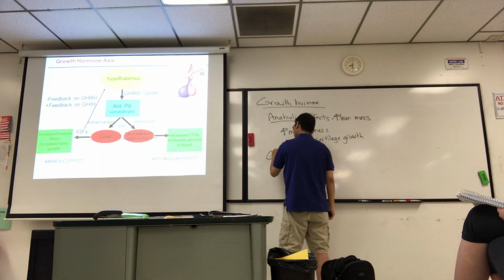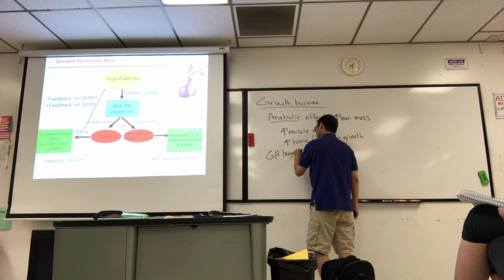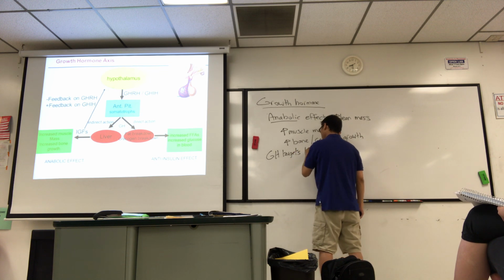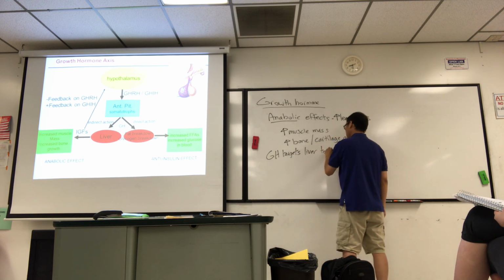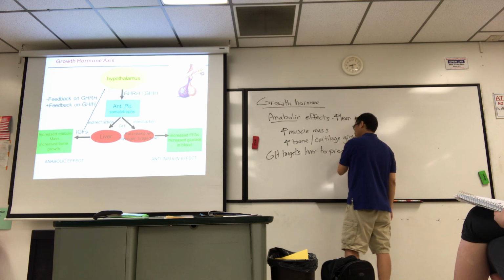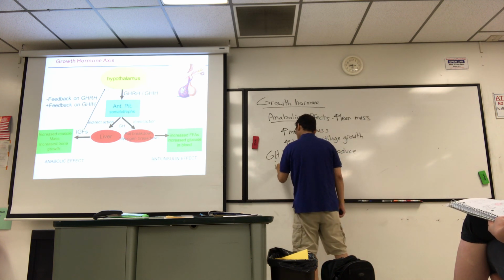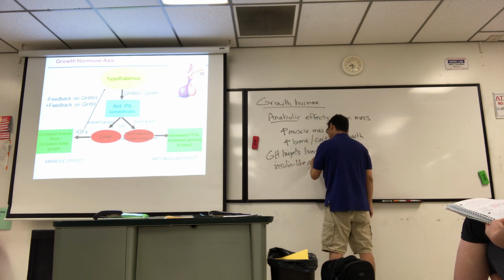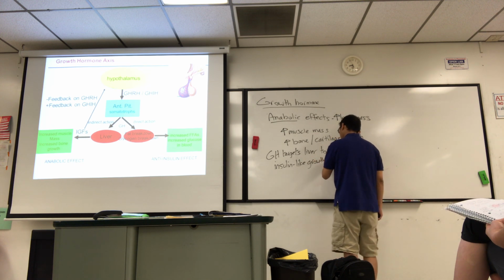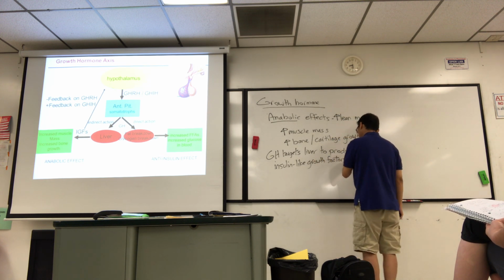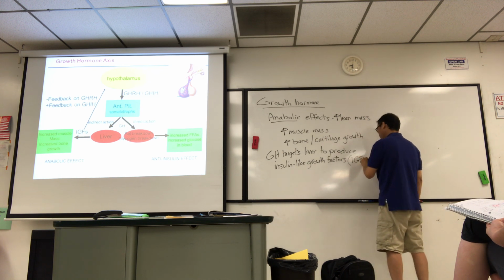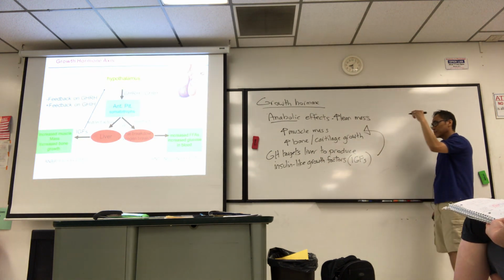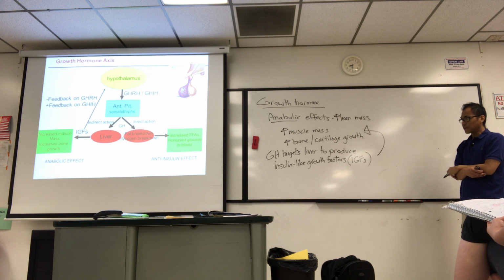Growth hormone, GH, targets liver to produce IGFs, insulin-like growth factors, or IGFs for short. And through IGFs will have this effect on increasing your lean mass. So it acts through insulin-like growth factors.